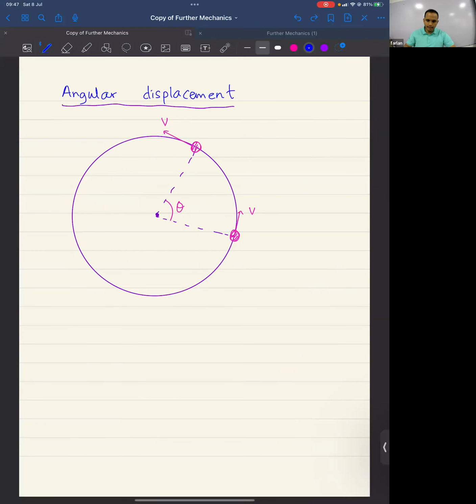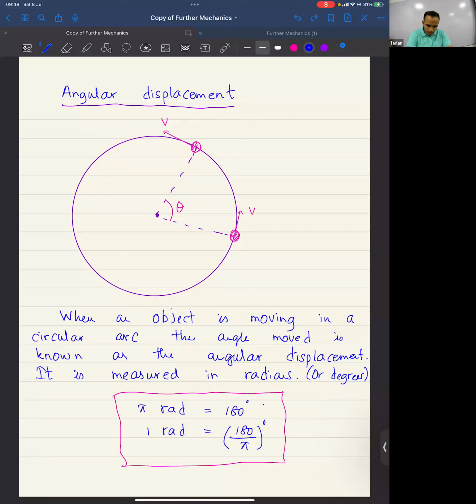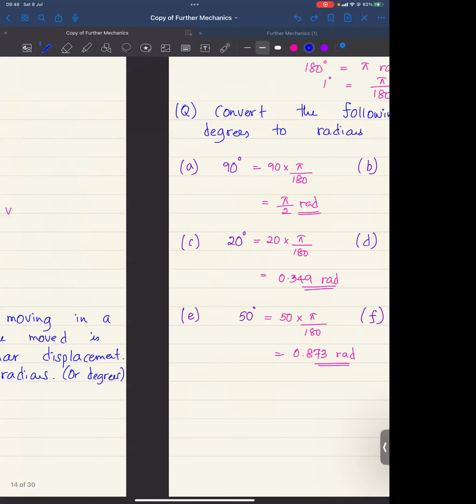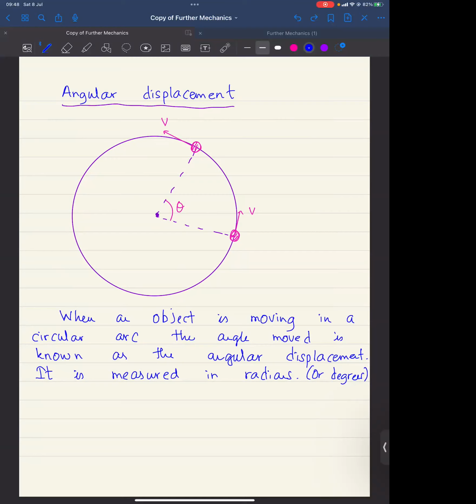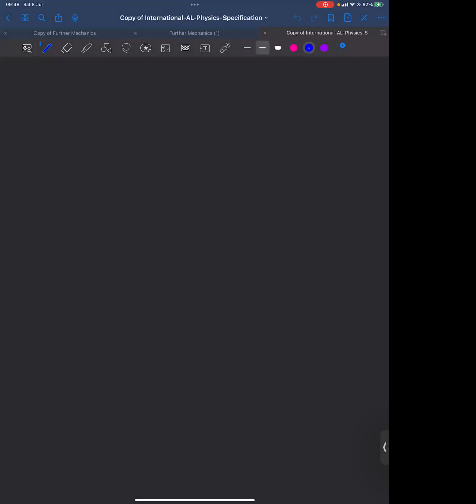Right, guys. Write this down. When an object is moving in a circular arc, the angle moved is known as the angular displacement.